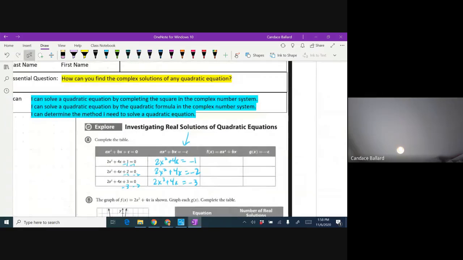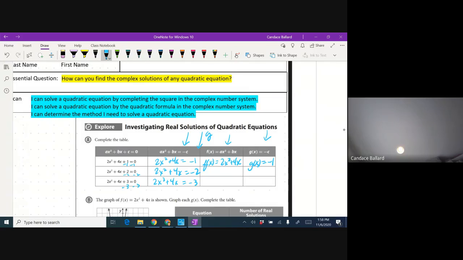All right, so the next column is basically asking us to separate the two sides of the equal sign and turn them into each of their own functions. So I'm just going to rewrite this as f of x equals 2x squared plus 4x, and then g of x equals this other side. So g of x equals -1.